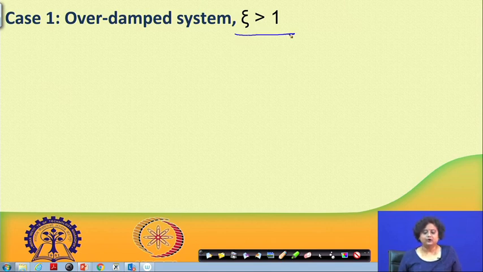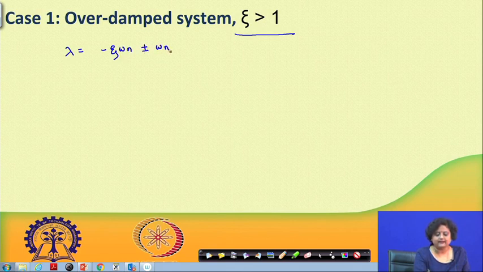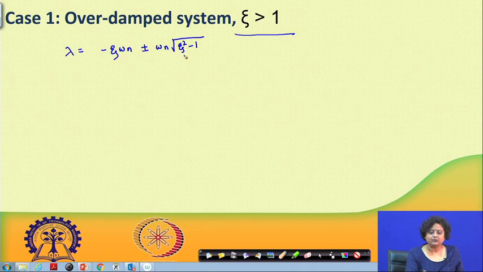Let us look into the response of the system when zeta is greater than 1. Let us go back to the same old lambda. Lambda again is zeta omega n plus minus omega n into the square root of zeta square minus 1. Since zeta is greater than 1, this part is no longer negative, so there is no imaginary part.